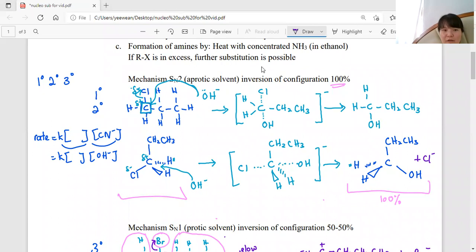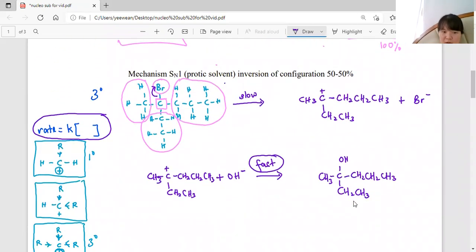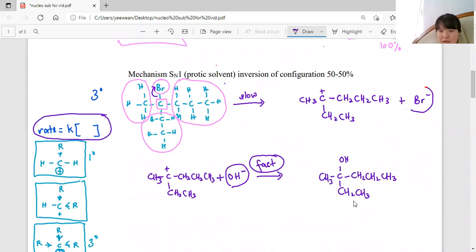Now, overall, if you look at the SN2 and SN1, the reaction is actually the same. The OH went in and the halogen came out. So OH goes in and ends up here, and the halogen comes out as a negative charge. SN1, same thing. The OH goes in and the halogen comes out.